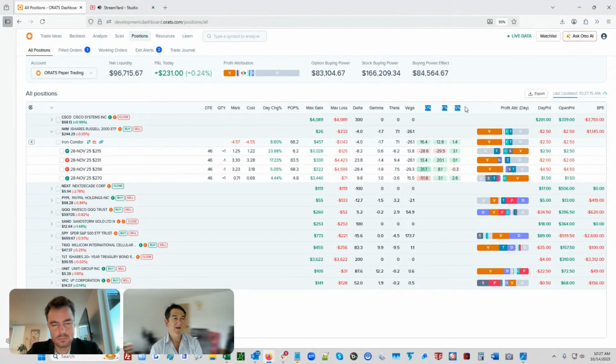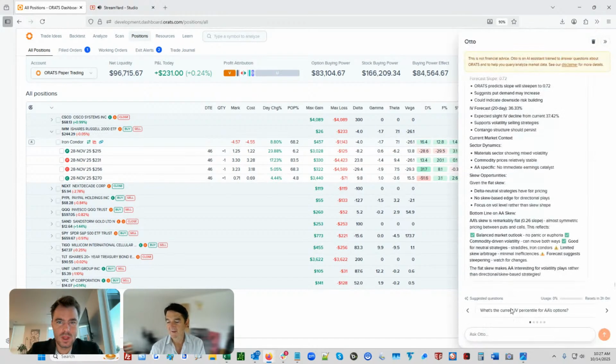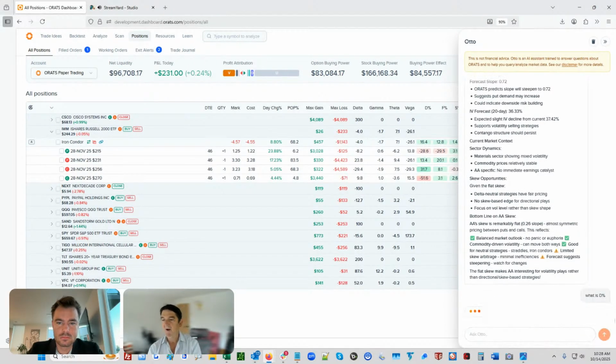Then we overlay the payoff for that particular DTE, and that creates a distribution edge. You could ask more about these on Otto, like D percentage, and Otto will go off and shoot you a huge diatribe on D percentages.